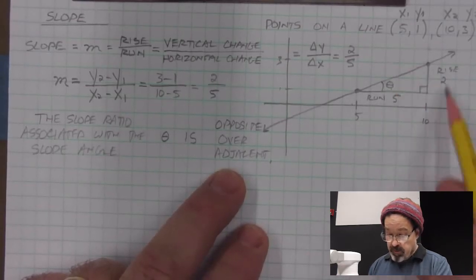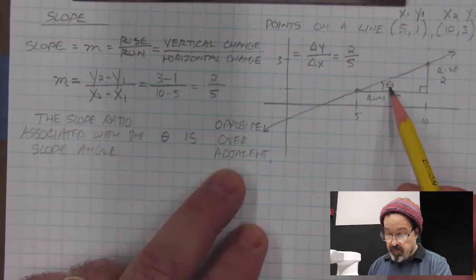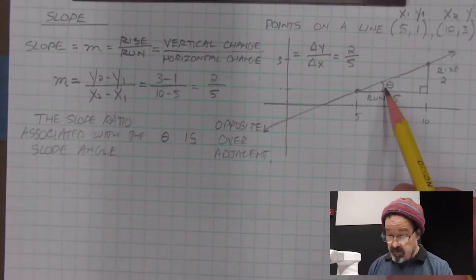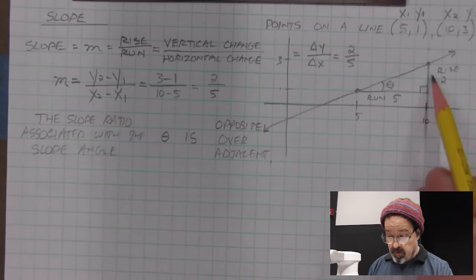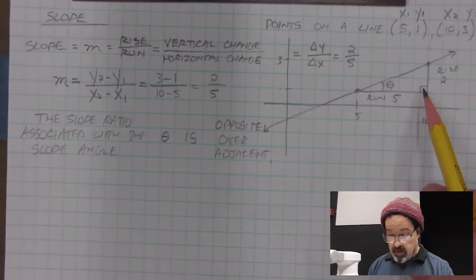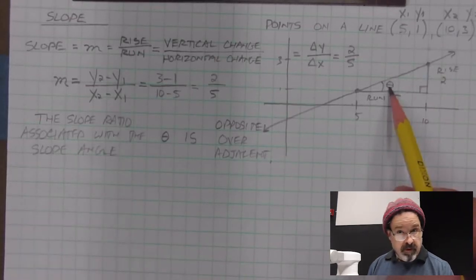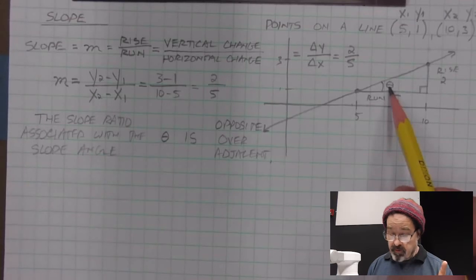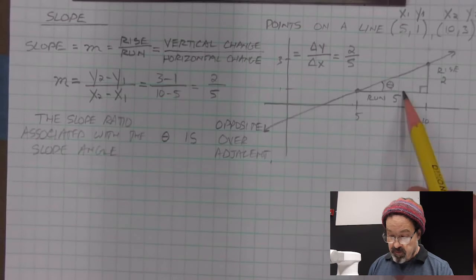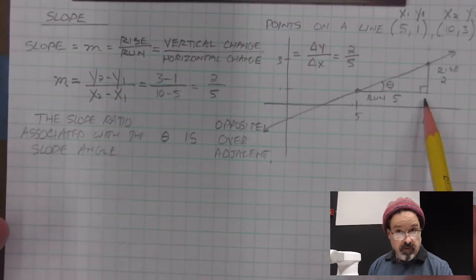In this slope triangle here, if we've labeled the slope angle theta, then what's opposite is the side in this direction. It's going to be the rise. And what's adjacent, adjacent means next to, but not the hypotenuse. Adjacent to this angle here is the one that's next to it, this side, which is the run.